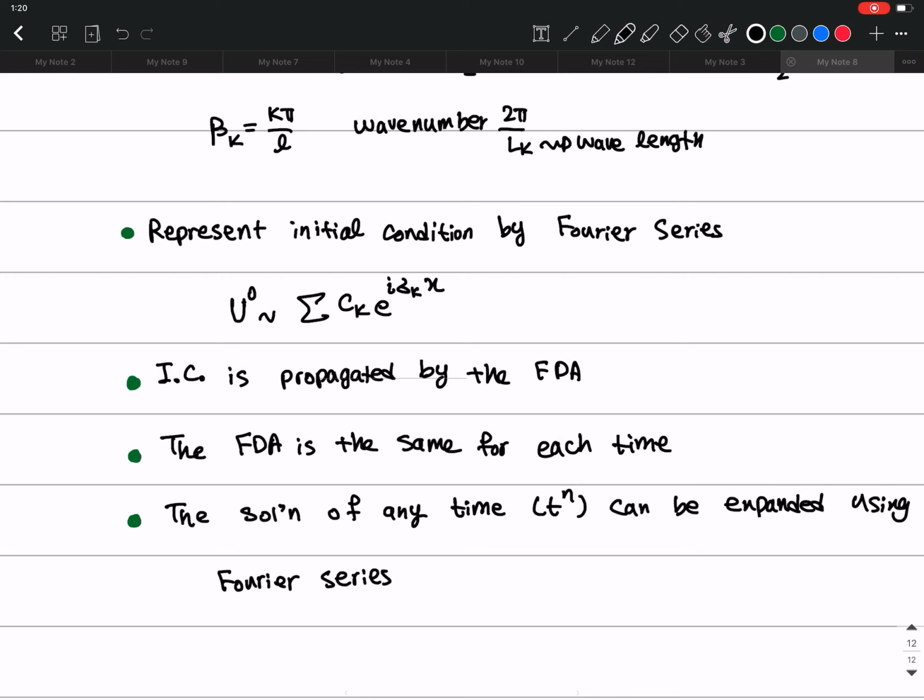Okay, at any time we can expand the solution by using Fourier series, and we are going to go through that.